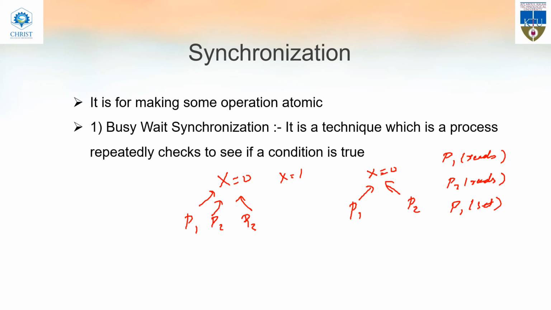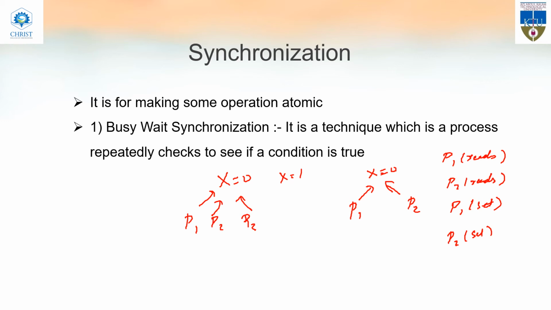And since P2 read x as 0, P2 will also set x to 1. So both processes take the same resource at the same time. This shouldn't happen.